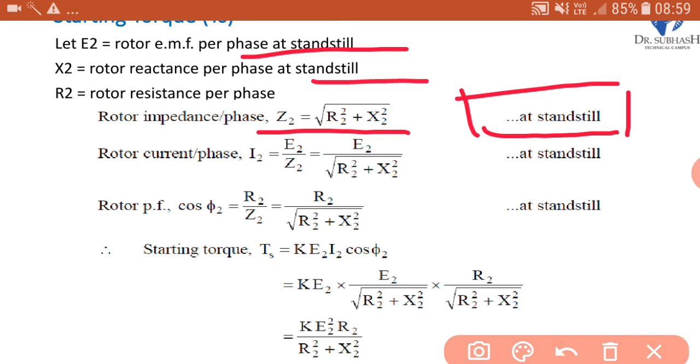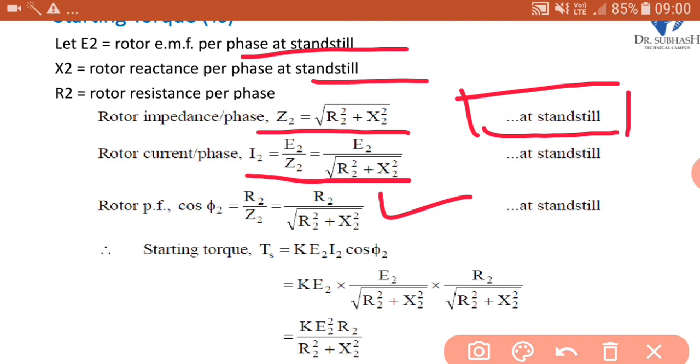Rotor current per phase I2 is equal to E2 upon Z2, which is E2 upon under root R2 square plus X2 square. Now rotor power factor cos phi 2 is equal to R2 upon Z2, which is R2 upon under root R2 square plus X2 square.